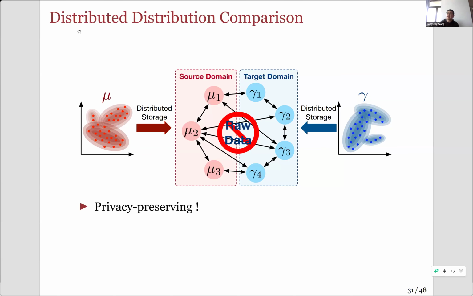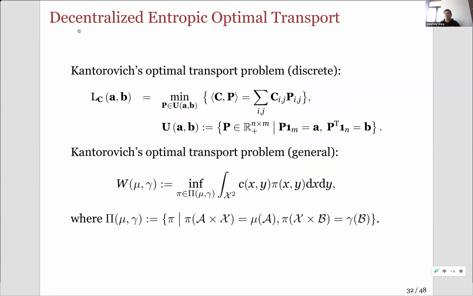Therefore, we need methods that can compute the optimal transport problem or compare distributions directly in a decentralized manner, minimizing the communication and preserving data privacy. And this also brings us to the core topic in this talk, the decentralized entropic optimal transport.